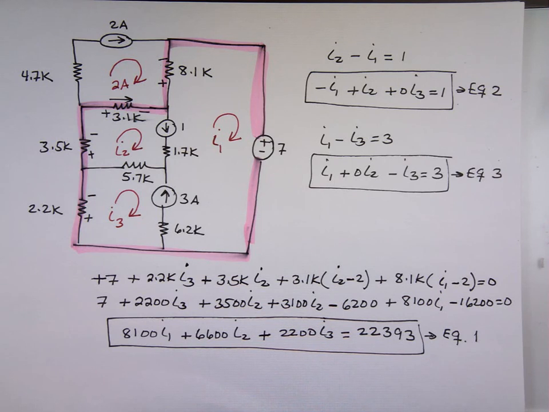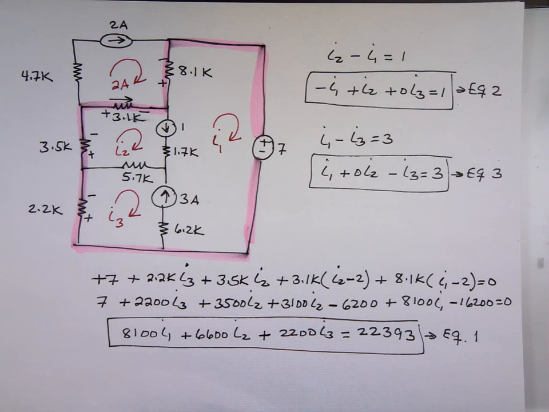Let's solve them. Three equations by three unknowns. So the first one: minus 1, 1, 0, 1.